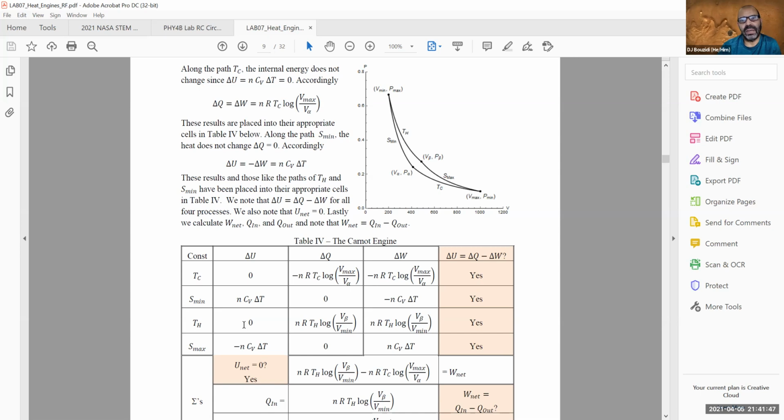The third process in the cycle is at T hot, going from V min, P max to V beta, P beta. In this case, the temperature is not changing, so we're back to delta U equal to 0. And if I do the formula again, nRTH ln of V final, which is V beta over V min, okay?